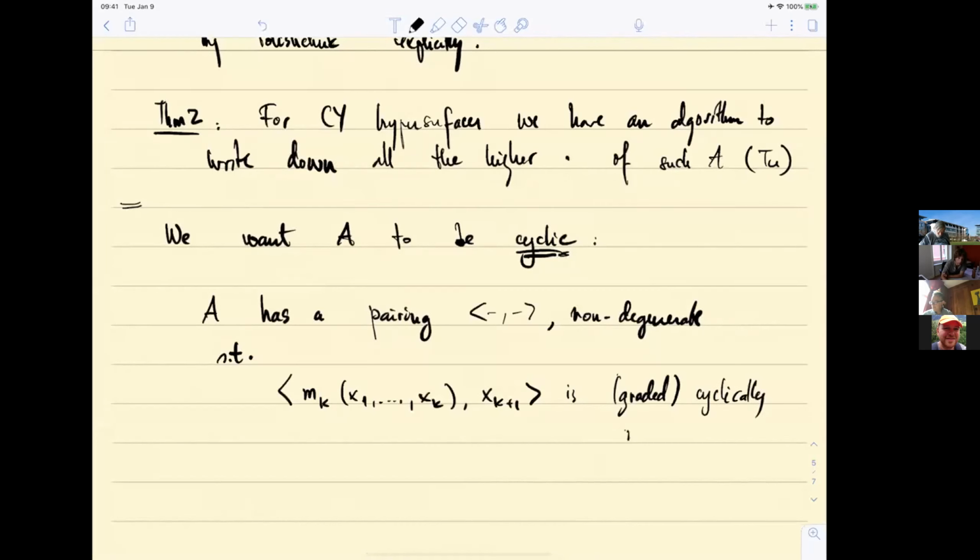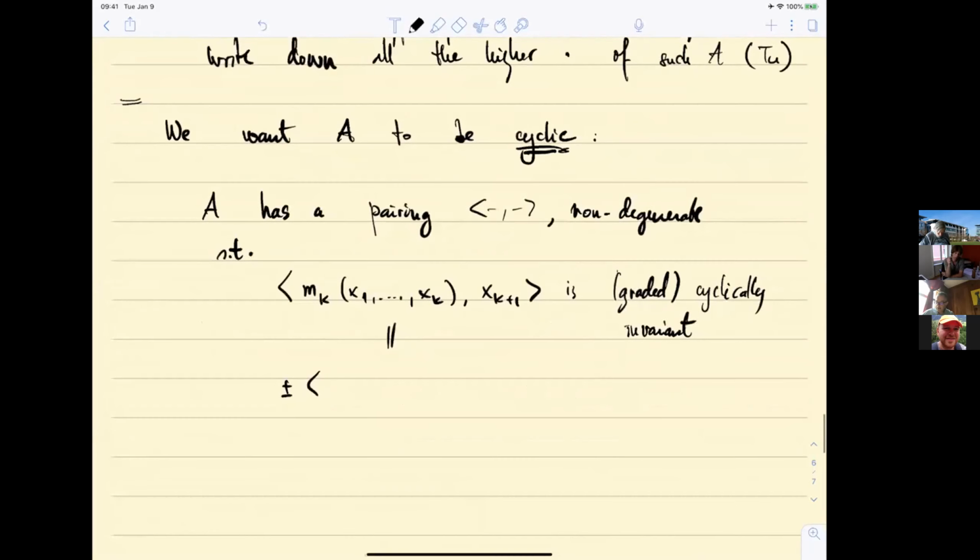In other words, up to a sign, which I'm not going to try to write down, this is equal to mk of xk+1, x1, and so on, xk-1, and then xk paired with xk. So if I take the operation mk and pair it with one more element, the resulting tensor is cyclically invariant.